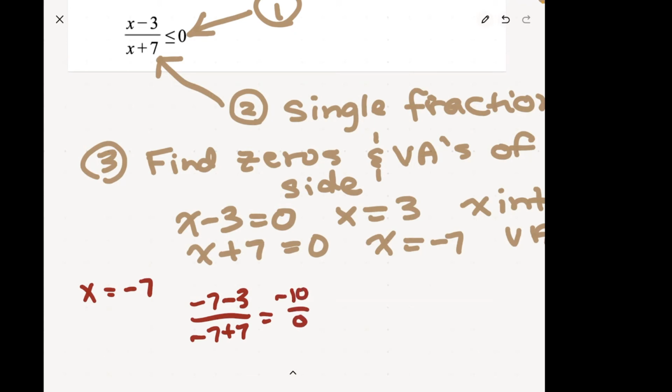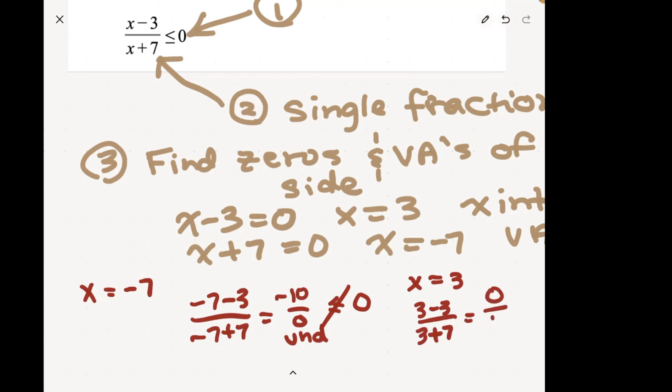If I'm trying to say that is less than or equal to 0, is that true or not? Is -10 divided by 0 less than 0, or is it equal to 0? -10 divided by 0 is undefined, and I can't say that something undefined is less than 0. So -7 does not work.